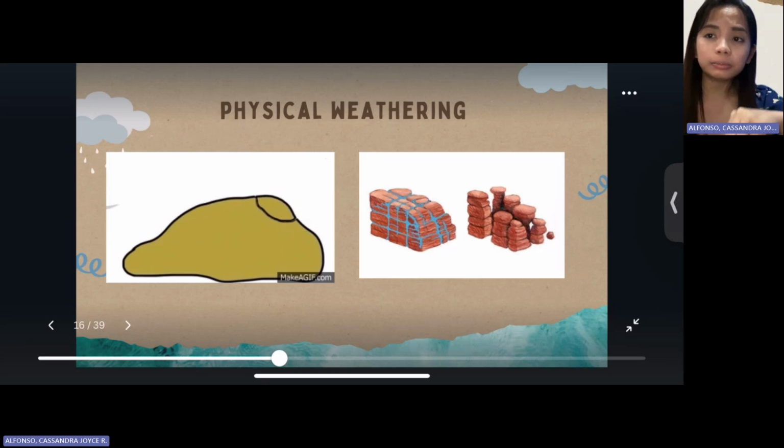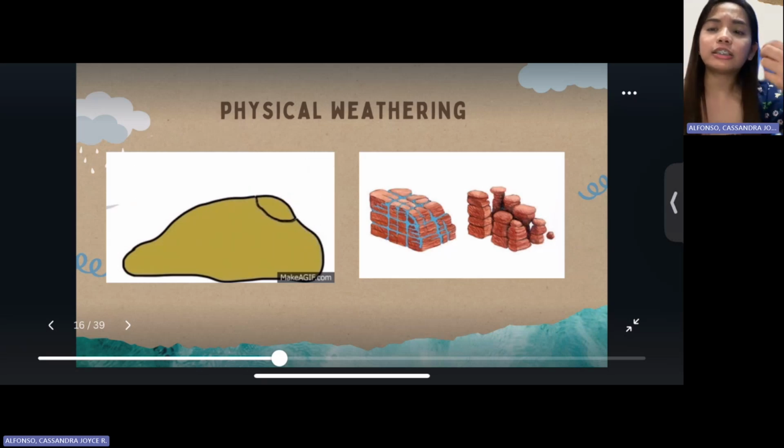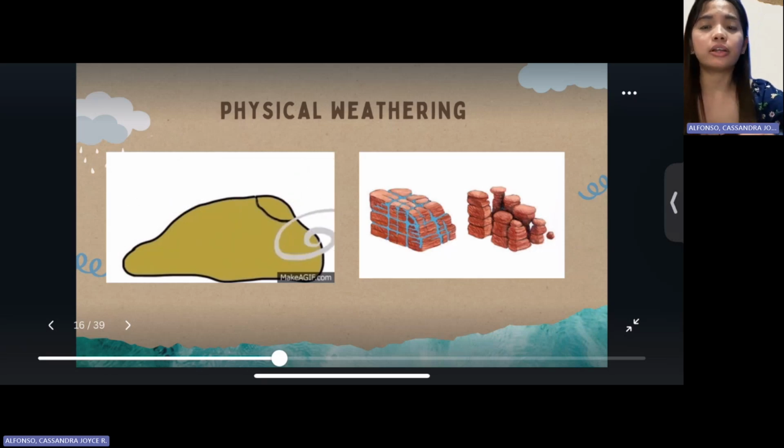So when the ice melts, more water can get into the larger crack, and then mag-freeze siya ulit, kaya yun mag-expand ulit, and then magiging mas malaki yung crack doon sa rock. Kaya after a very very long period of time, nakita niyo yung mga rock formation na yan, nagbe-break na siya dahil possible is one of the possible causes yung water.